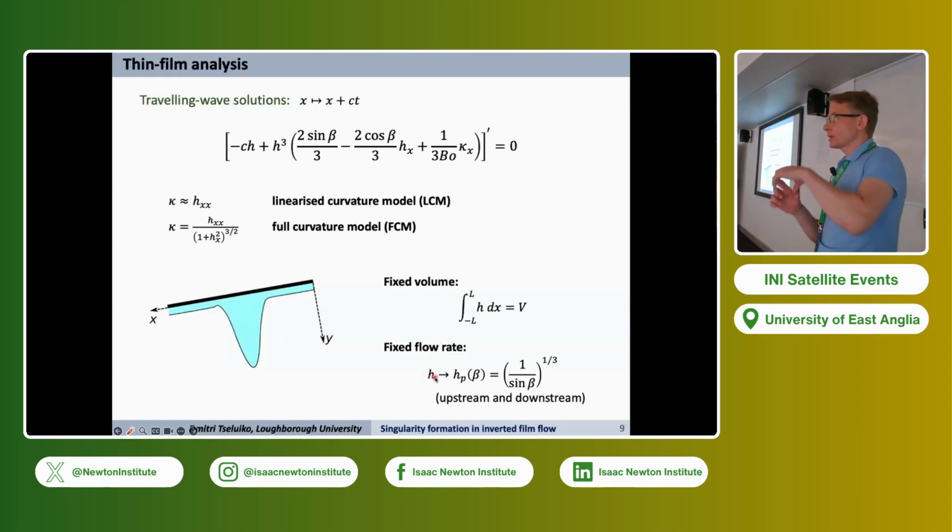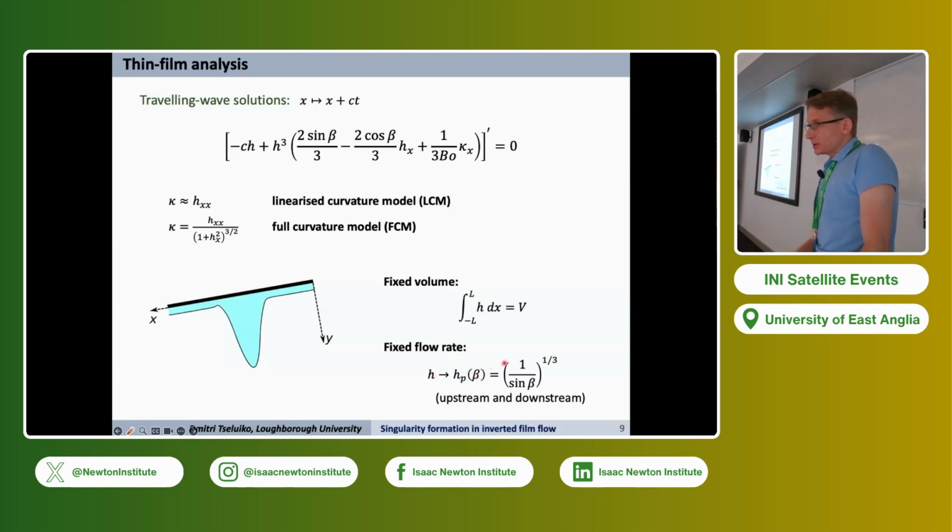We assume that the dimensionless flow rate is equal to 2/3, which in our non-dimensionalization corresponds to the flow rate of a liquid film flowing down a vertical wall of unit thickness, that is, dimensional thickness equal to 1.